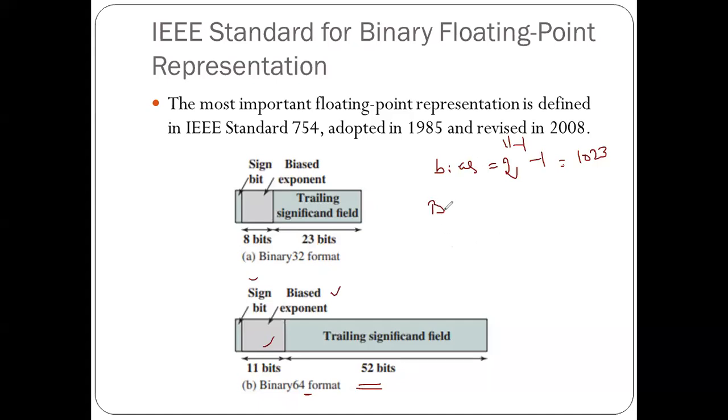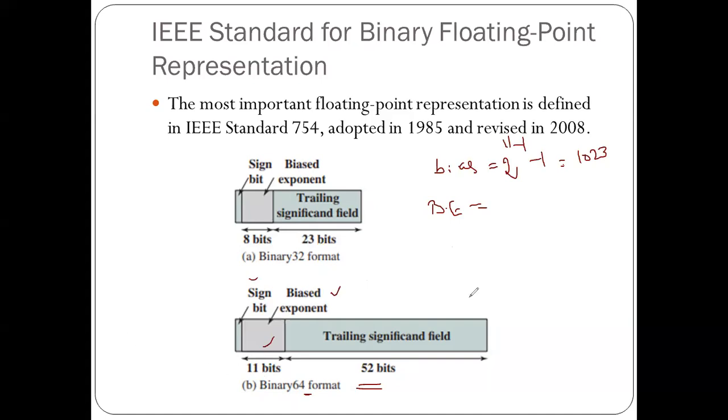Coming to the biased exponent, 11 zeros to 11 ones, so 2 power 11 different combinations we may have. Out of which, here also all zeros represent plus or minus 0, and all ones of the exponent represent plus or minus infinity.